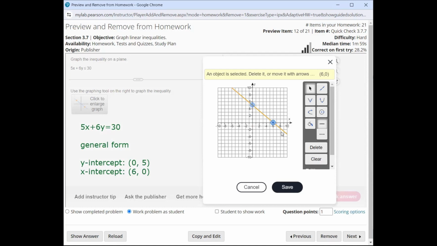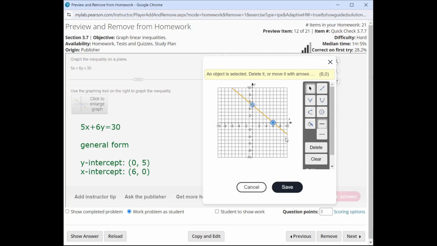The next step is to decide whether it is a solid line or a dashed line. Since it is not a strict inequality, which means that equality is allowed, the points on the line are a part of the solution.